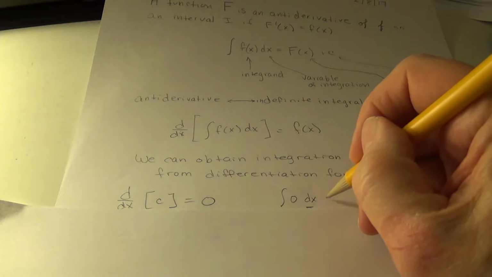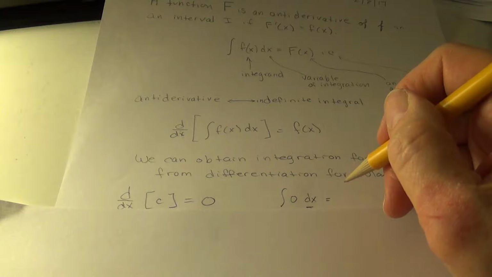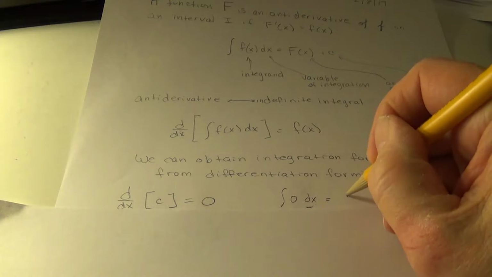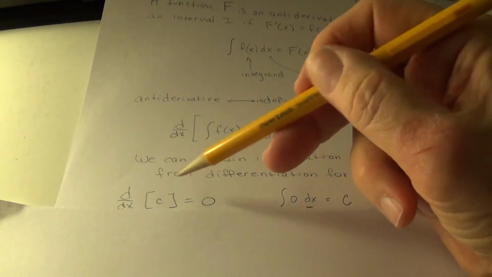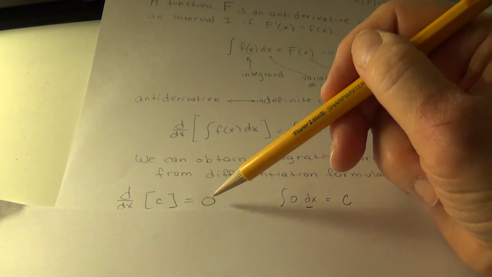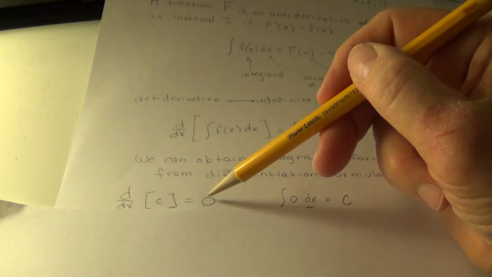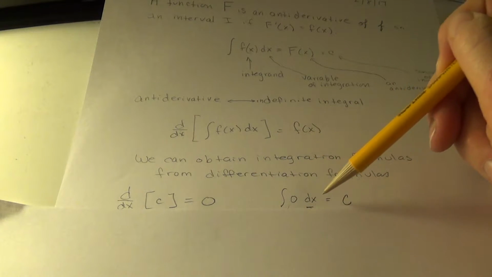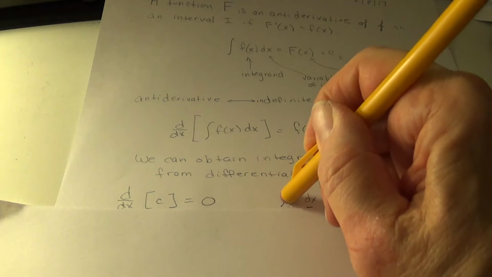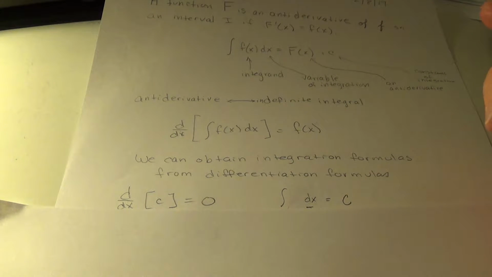So the integral of 0 dx is just the constant C. See how I started with the C, took the derivative, and got 0. So I can go backwards with the integral by integrating 0, which I will never really write. It'll look like this: the integral of dx is just a constant C.